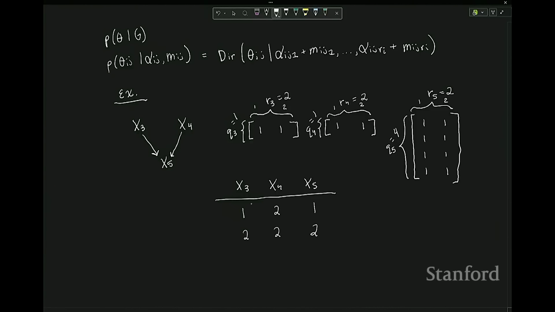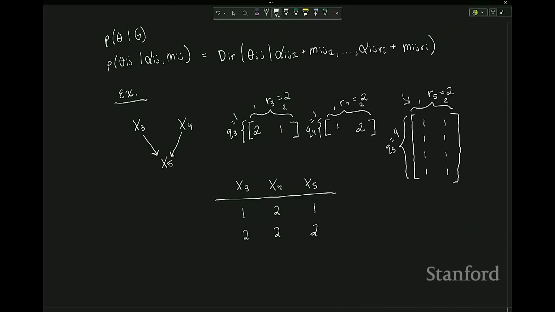So we have x3 being 1, so we're going to increment the first column and first row by 1. And we'll apply that same thing to x4, except we've observed it being 2, so we're incrementing the second column. Where things get a little bit more complicated is with what we're going to do with x5. We've observed x5 to be 1, so we know that we're over here in this first column.